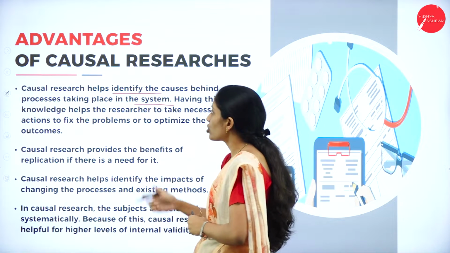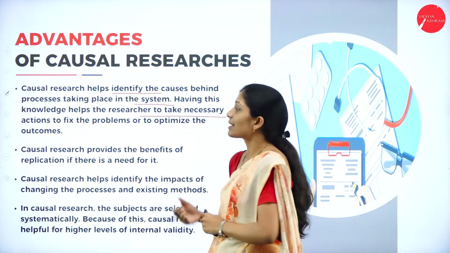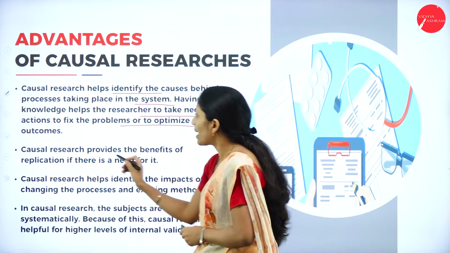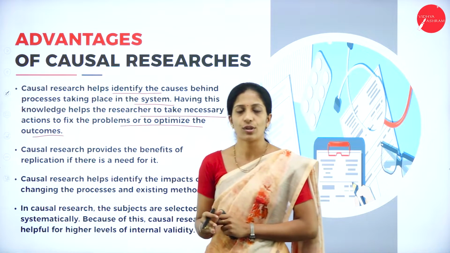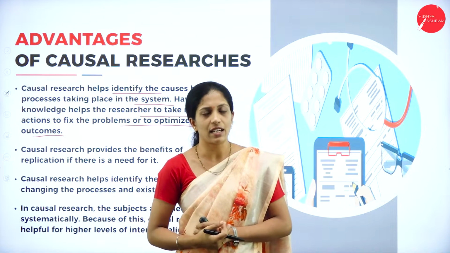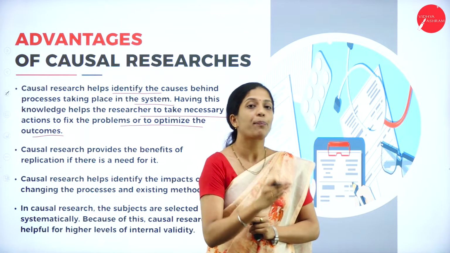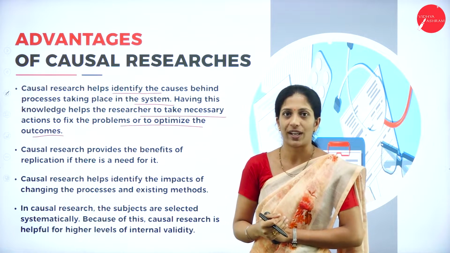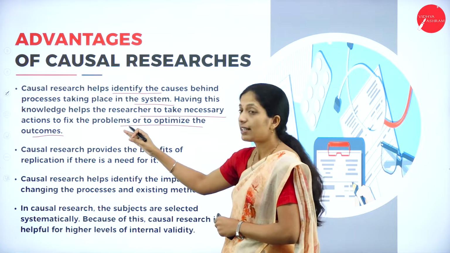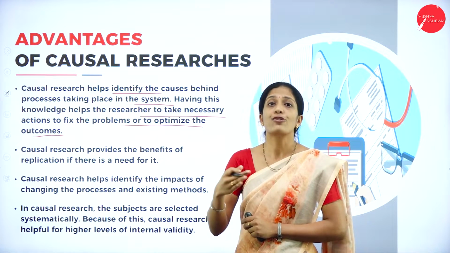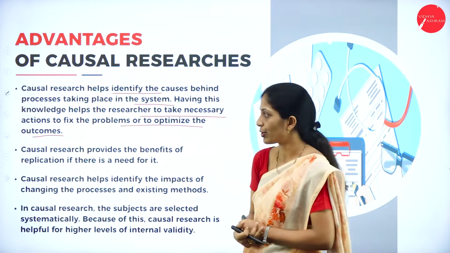Having this knowledge helps the researcher to take necessary actions to fix the problem or to optimize the outcome. Once the problem has been identified, we will come to know what changes take place between the dependent variable and independent variable, so that will identify the problem. At the same time, the researcher will come to know the solution to that problem also.